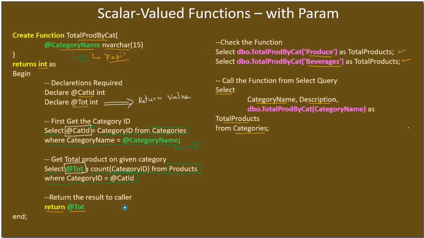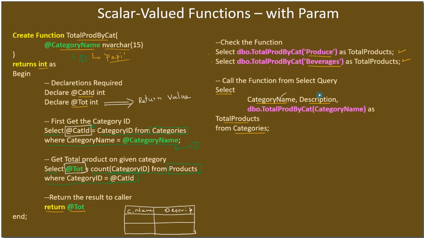Now let's state that this is the categories table, and for now we will assume that the category table contains 3 rows. So let's state that this is category name and description, right? That's what we are picking.